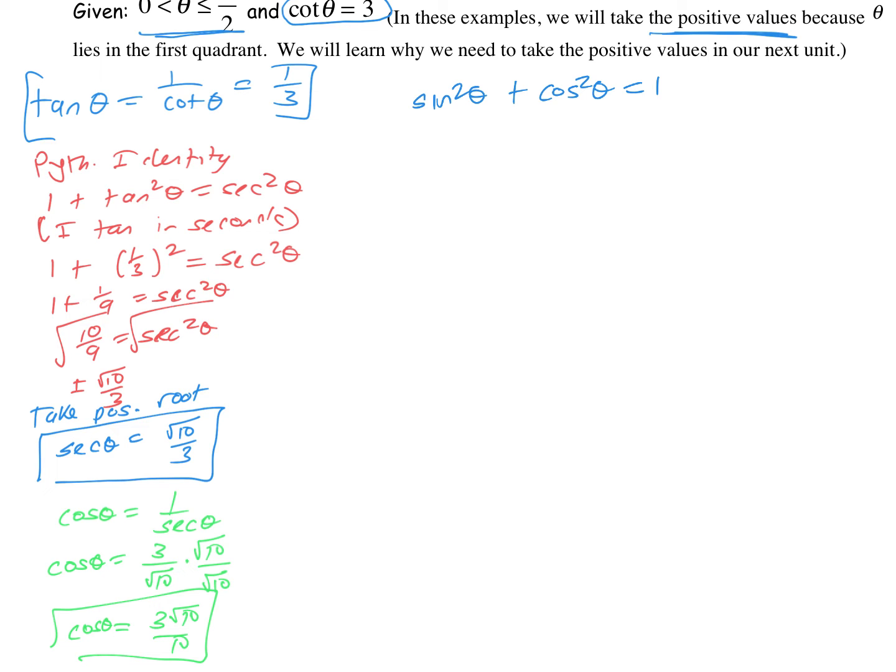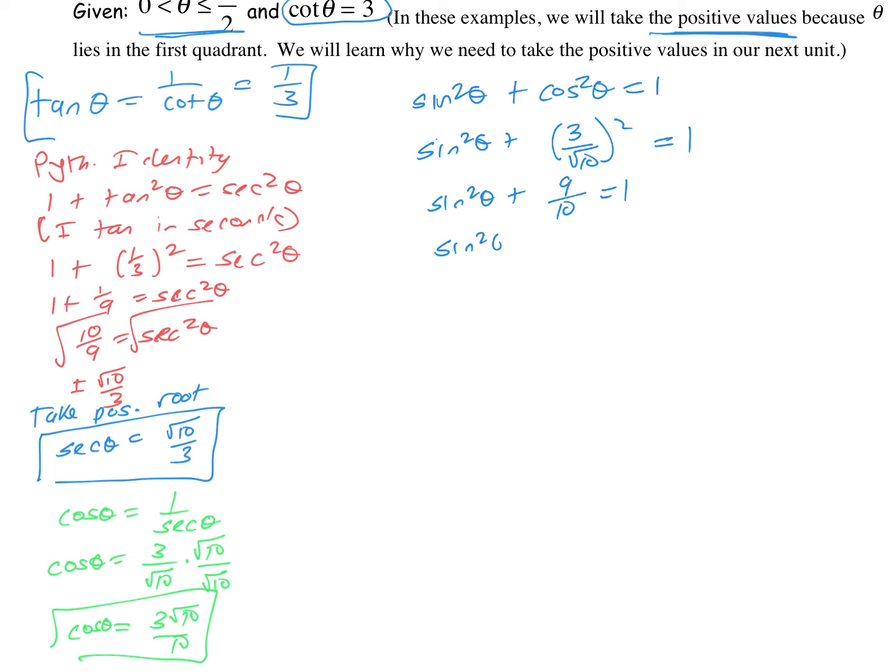And we know what cosine theta is, 3 root 10 over 10. And then we're going to square that. Or actually, rather than doing 3 root 10 over 10, let's use the unsimplified version, the one where we haven't rationalized the denominator. That will be easy. So it's sine squared theta plus 3 over rad 10 squared is equal to 1. So that means sine squared theta plus 9 over 10 is equal to 1.